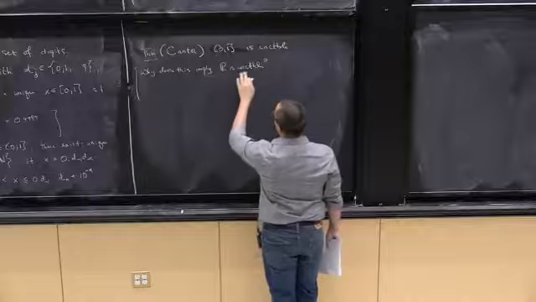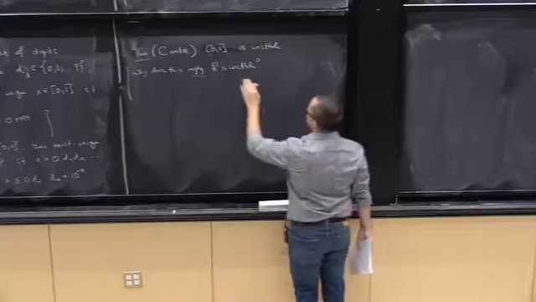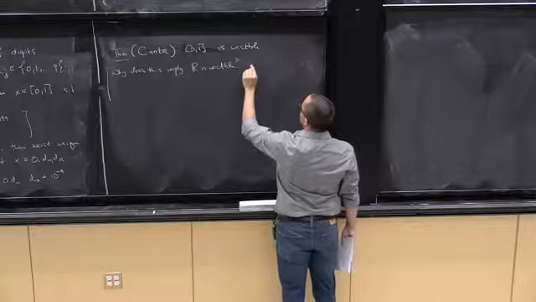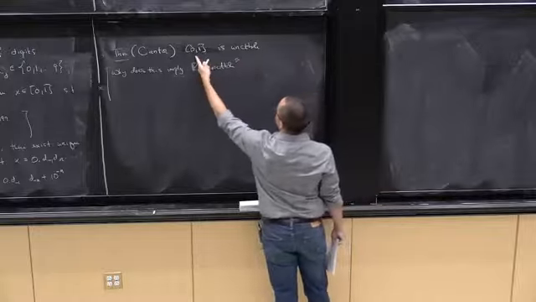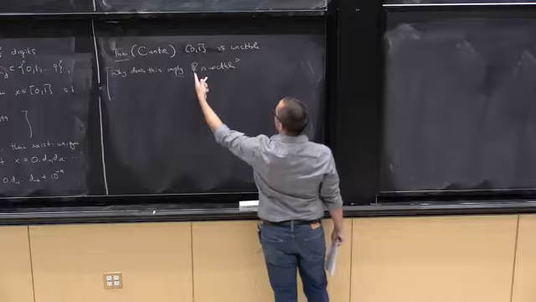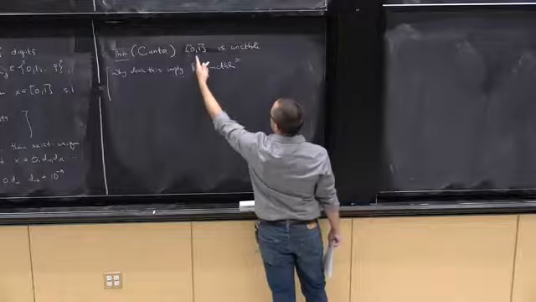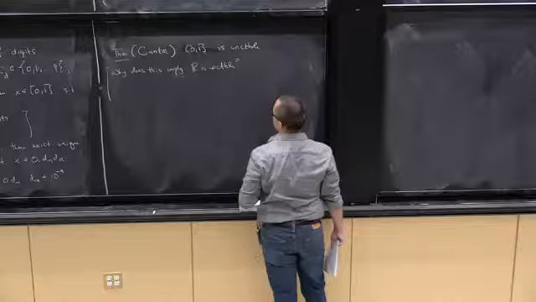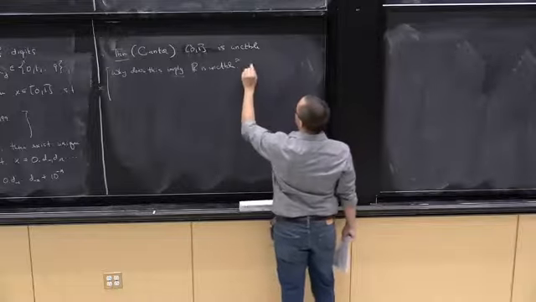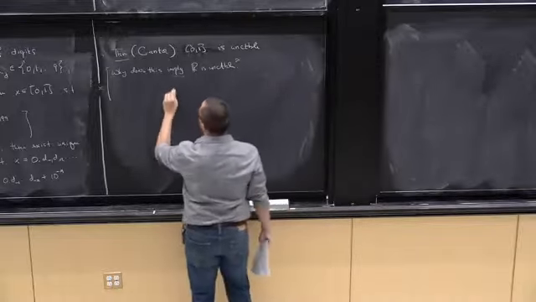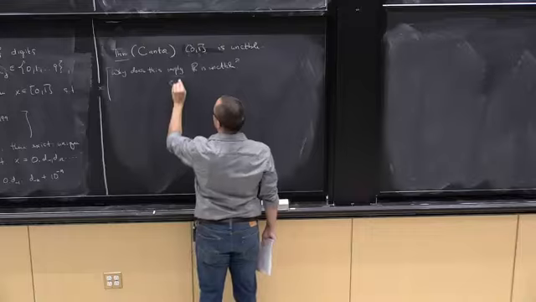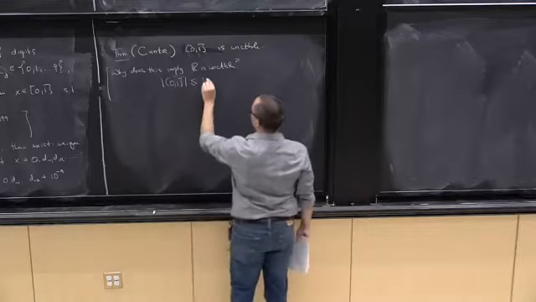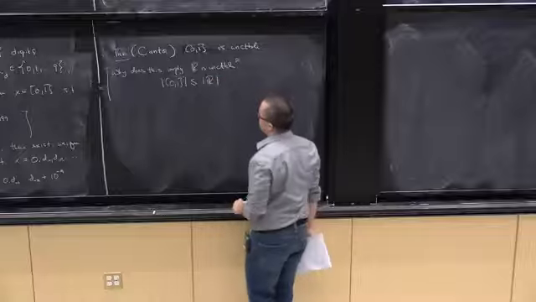Well, the function that takes an element in here just into R, the identity map from 0, 1 into R, is an injective map. So I clearly have that the cardinality of this set is less than or equal to the cardinality of R.